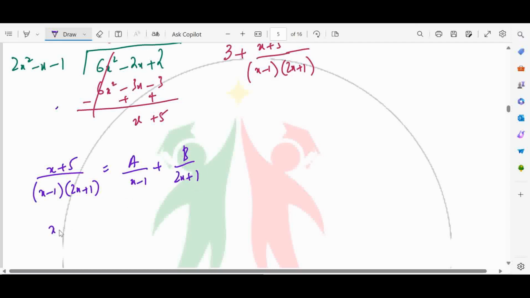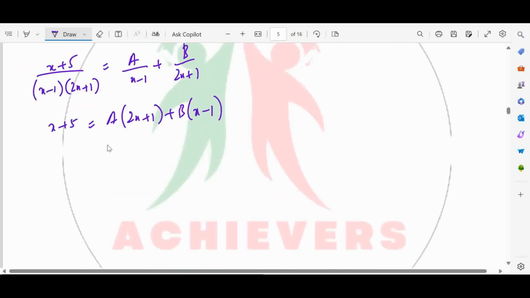Now x plus 5 is equal to a(2x plus 1) plus b(x minus 1). Now if you put x equal to 1, 6 is equal to a times (2 plus 1), which means 3. So a will be equal to 2.